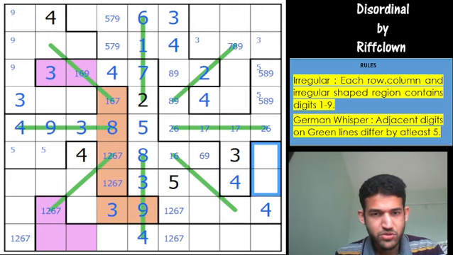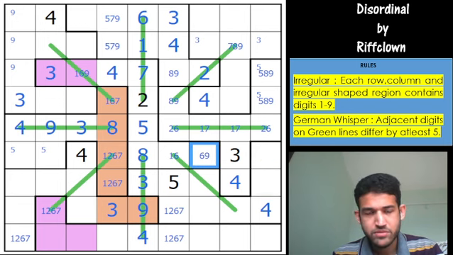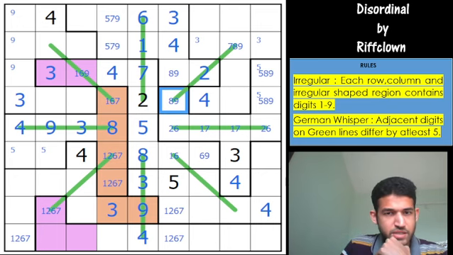So 9 is going into these 3 cells. So I'm asking if this can be a 9. So if this is a 9, so the 9 gets into this cell, giving a 9 here. Okay, I don't think there is any problem in that.